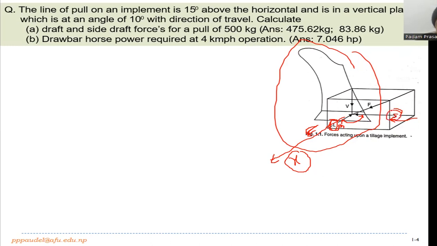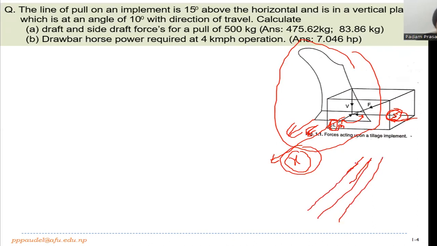It's called the side draft. The role of the draft is to drag the implement and perform the tillage operation. But the role of the side draft is to hold that implement on the direction of travel, or it maintains the direction of the furrow, or the line of furrow.